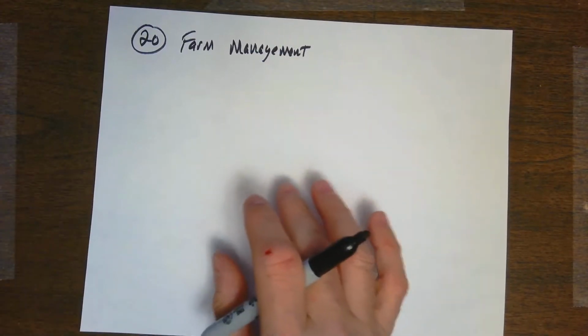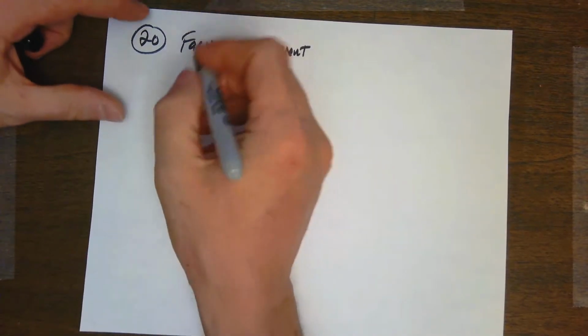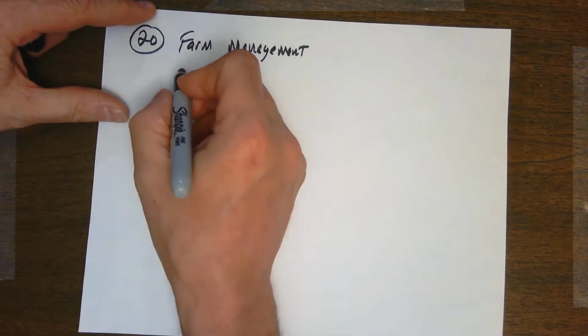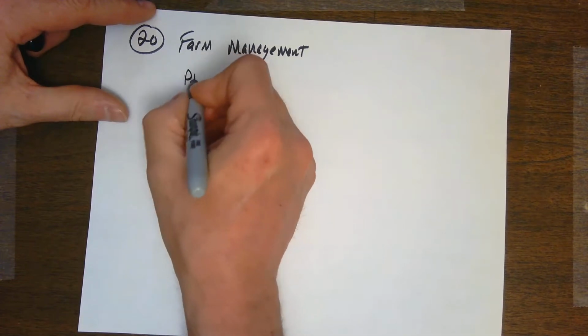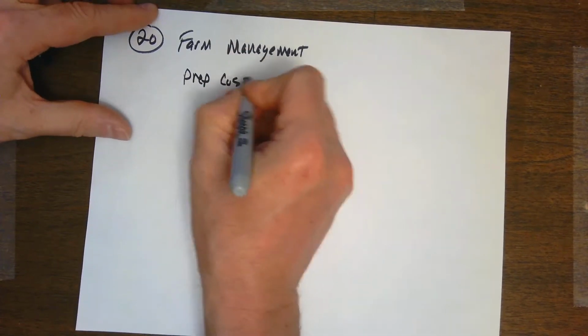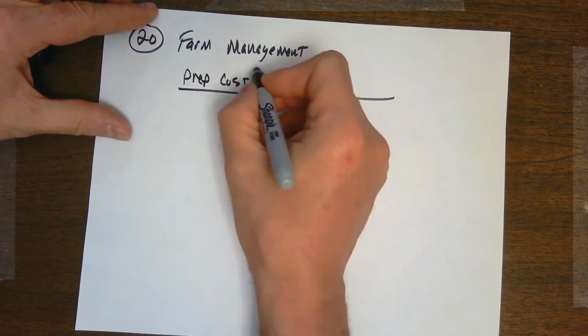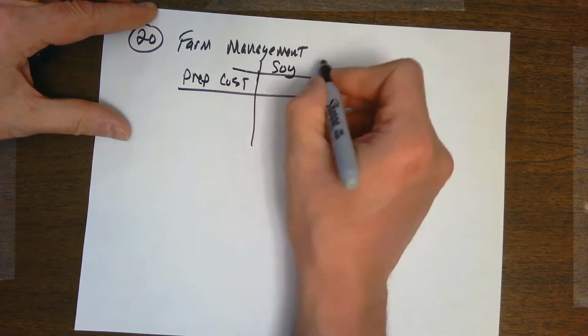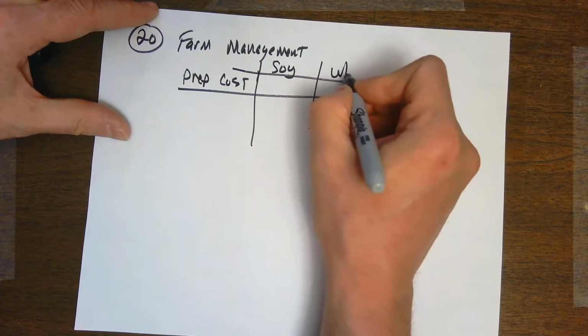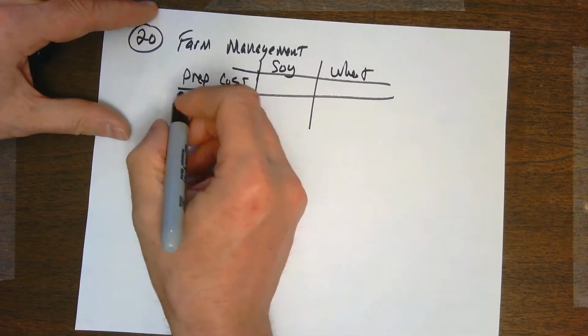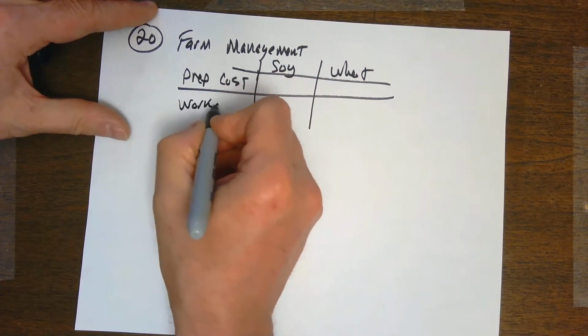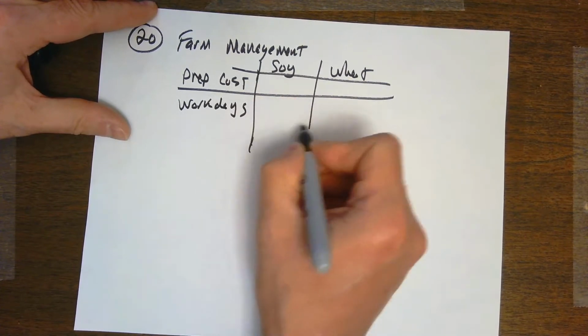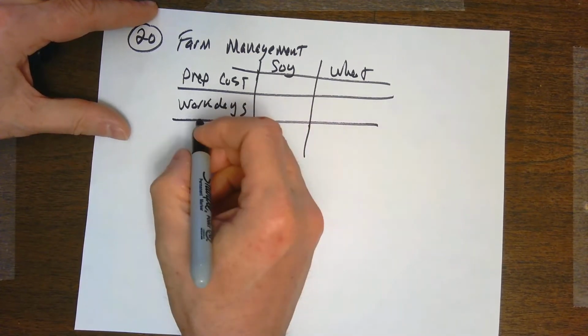All right, here we go. So I'm going to copy down the table. That's going to be one of the keys here. So in the table, it's got prep cost, and I've got soybeans and wheat, and then I've got work days and profit.